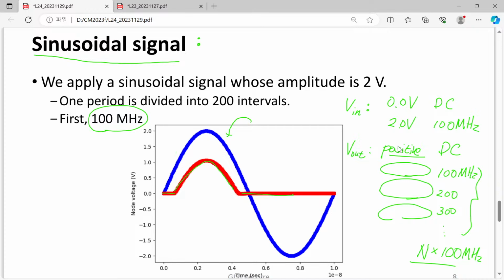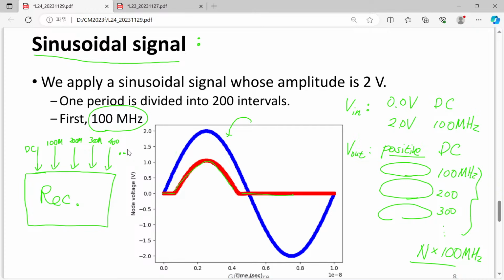So are you all with me? It simply means that here we have our rectifier circuit. Let's say that here we have certain frequency-wise channels. Let's say this is the DC channel, and this is the 1 megahertz channel, 2 megahertz channel, 3 and 4 megahertz, and whatever.